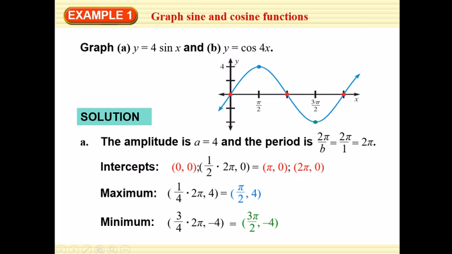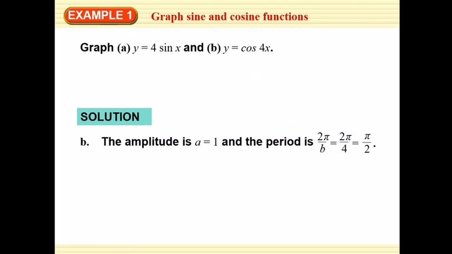If my amplitude is 4 and my period's 2 pi, I'm still going to do the pi over 2, the pi, there should be a pi drawn in there, 3 pi over 2 and 2 pi. And then this just means that my amplitude hits 4 and then negative 4. And I still start at 0 and I hit those 3 x-intercepts. Alright, and then I would write the points.